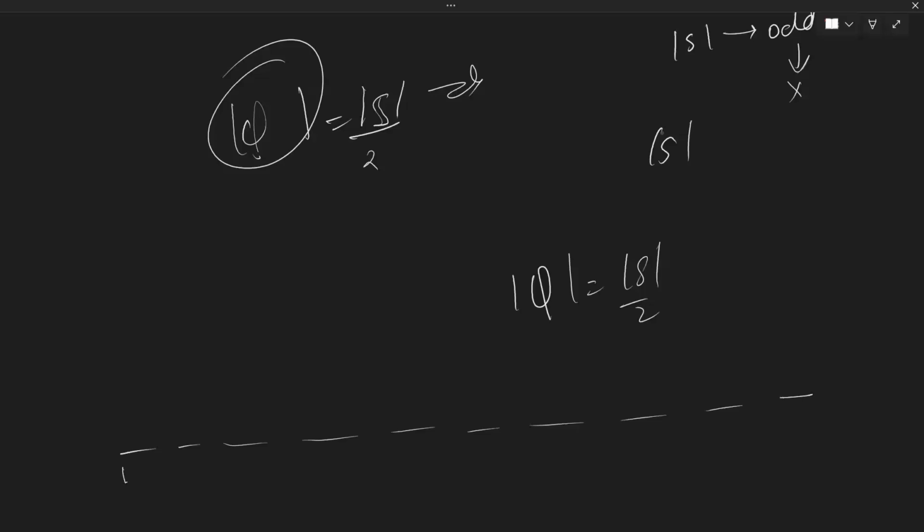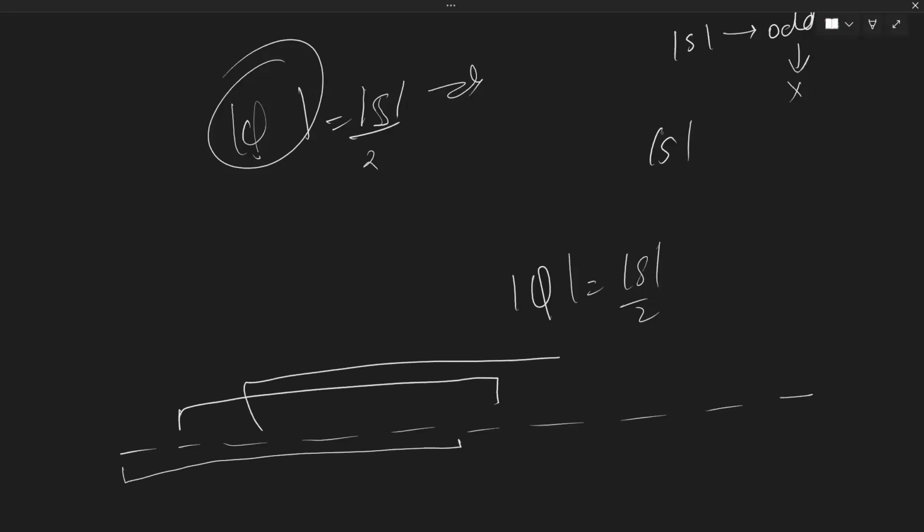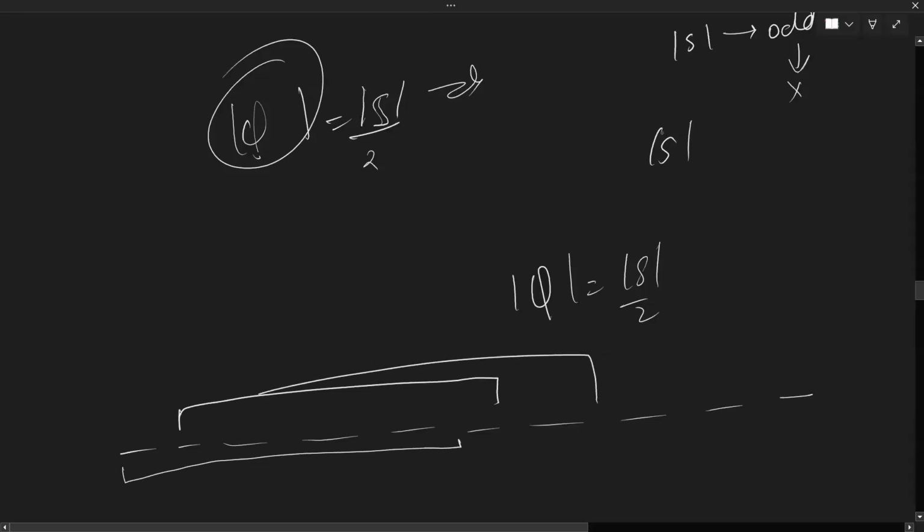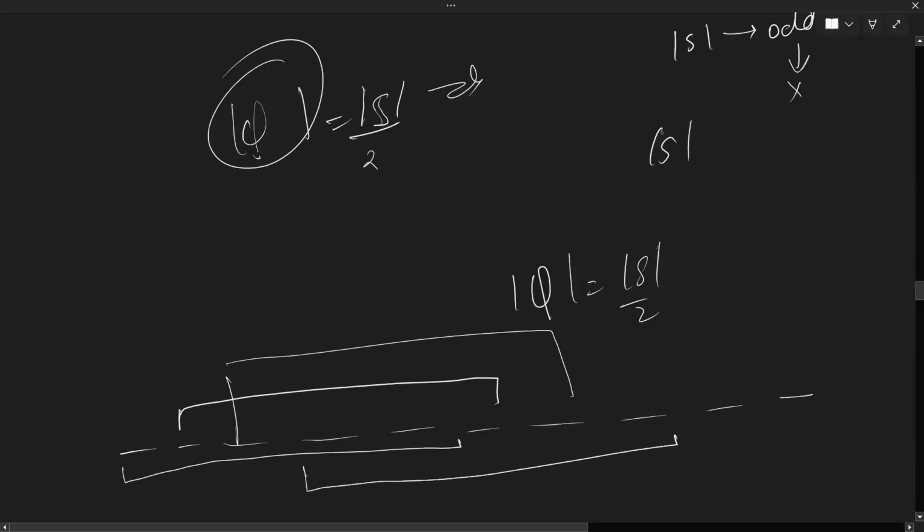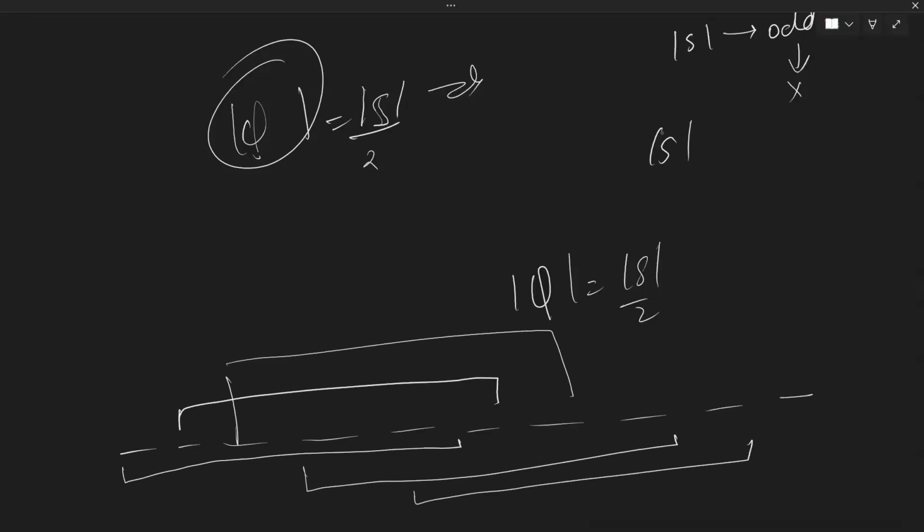So either we can have string Q as the first 5 characters, or the next 5 characters, or the next 5 characters, or these, or this, and finally the last 5 characters.